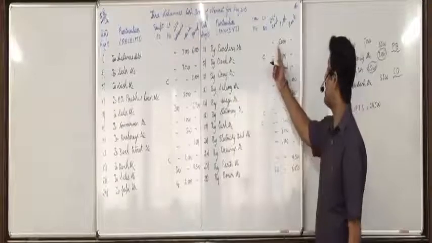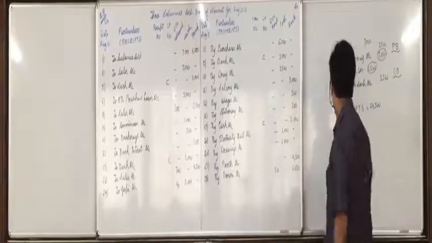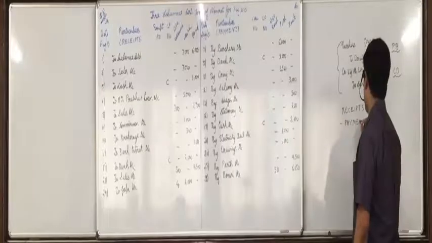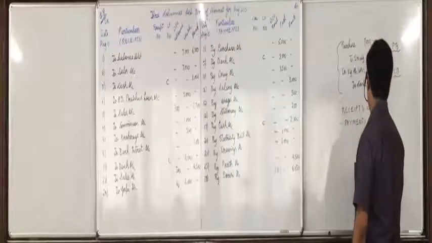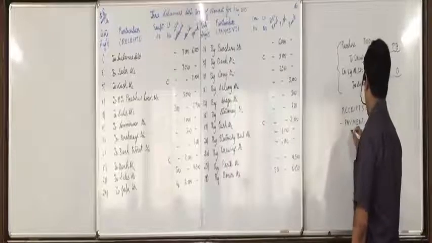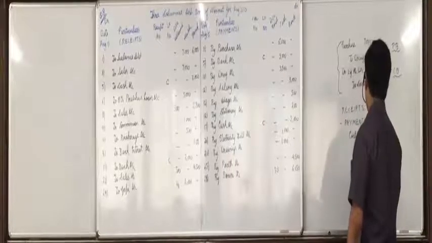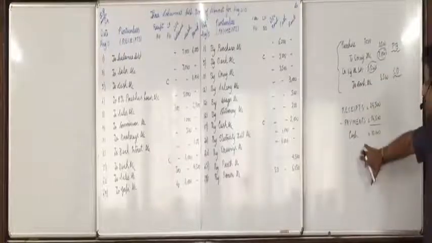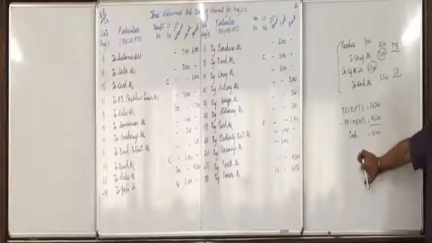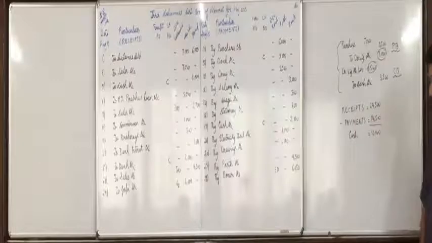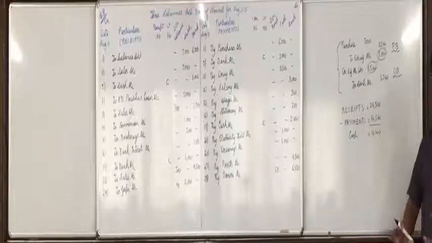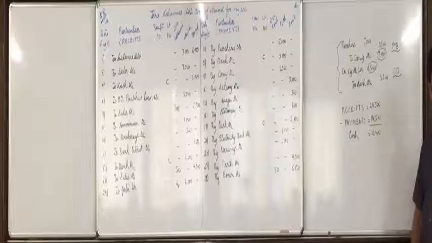And if you total the payments, 6, 9, 12, 13, 14, the total will come to 14,500. Means, can I say right now we have cash of 10,000? Any confusion with this? Receipt side total is 24,500 minus payment side total of 14,500. So we can say right now we have cash of 10,000.